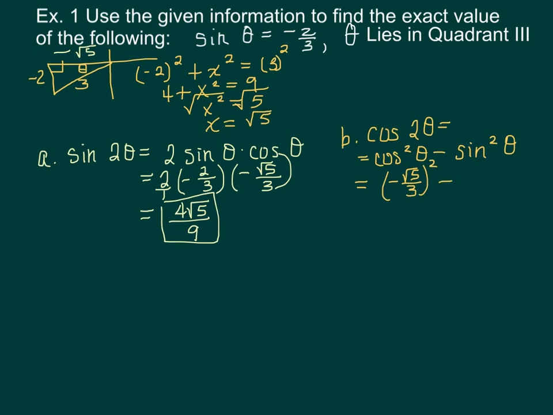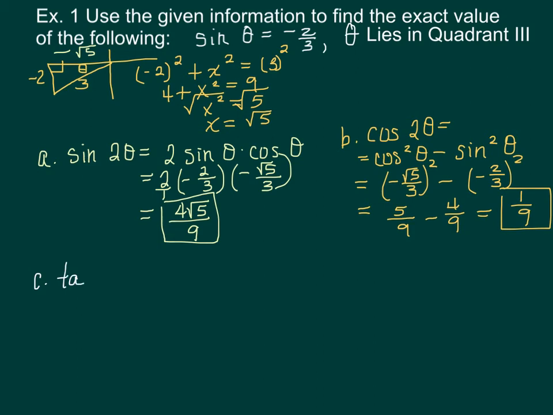Squared it minus sine. That's going to give us 5 over 9 minus 4 over 9, which gives us 1/9.